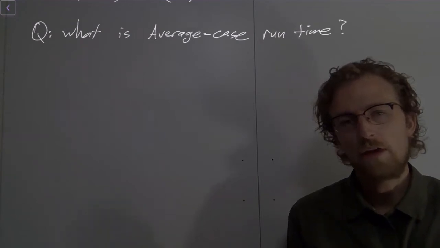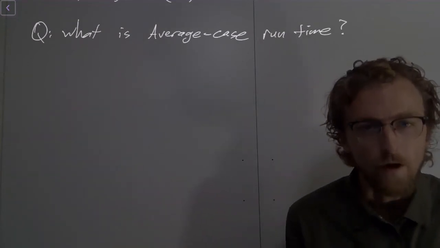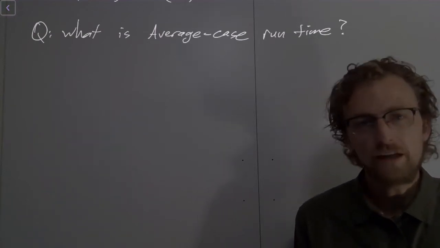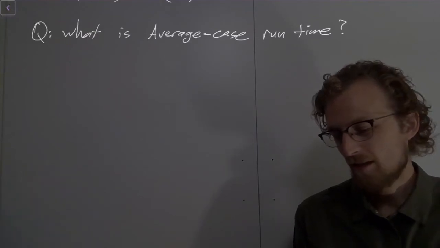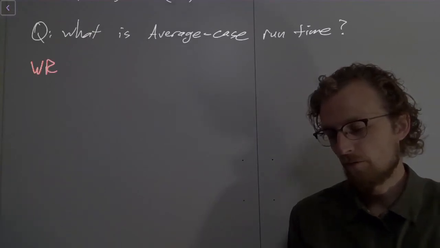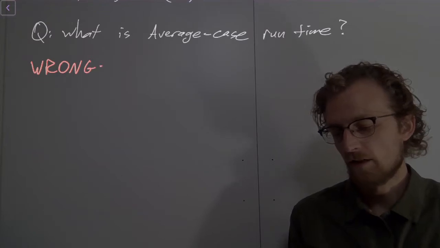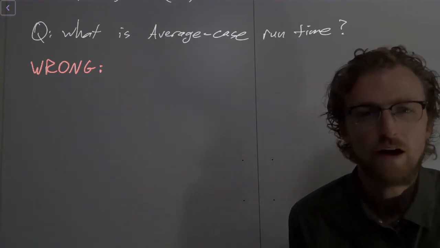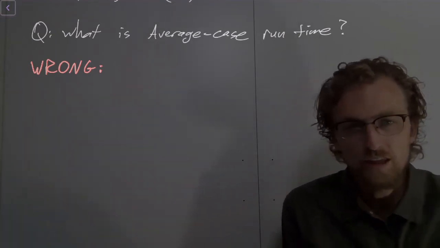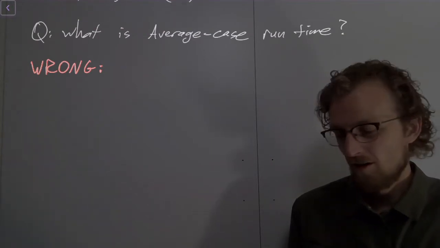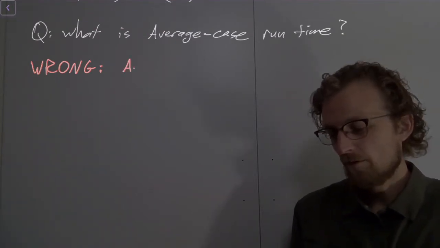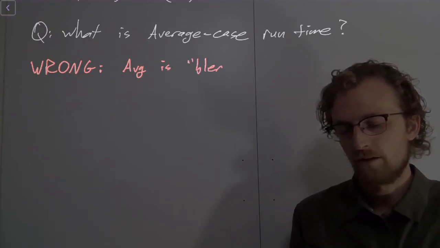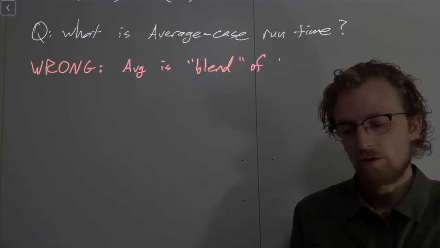So the absolutely wrong, naive approach, and I'm going to say in big red letters, the wrong answer, is that you take the best case and the worst case and you sort of average them. The wrong way to do this is to say average is just a blend of best and worst.